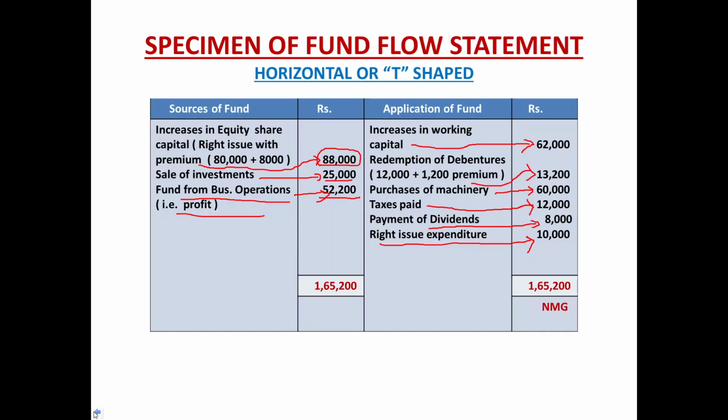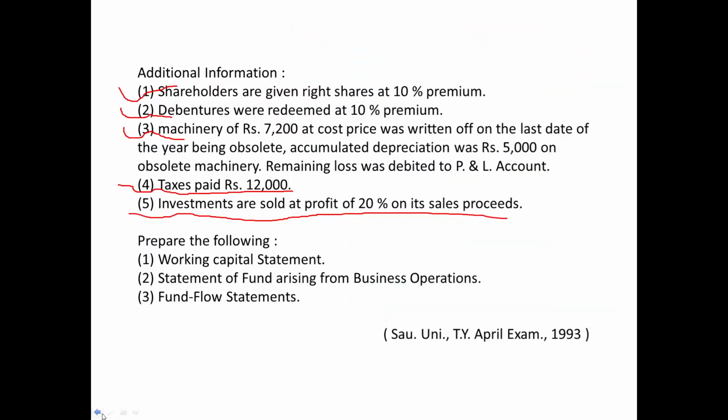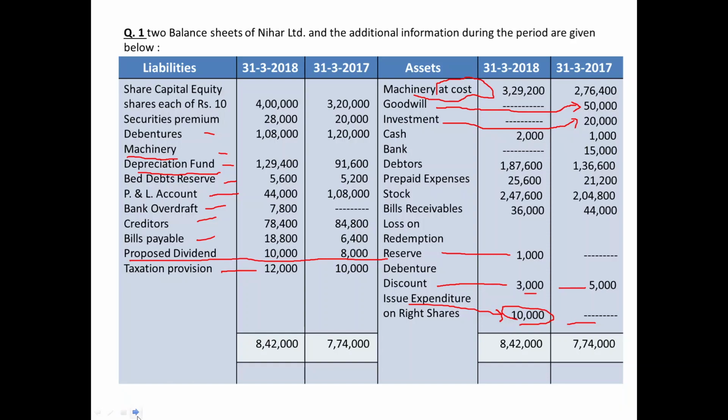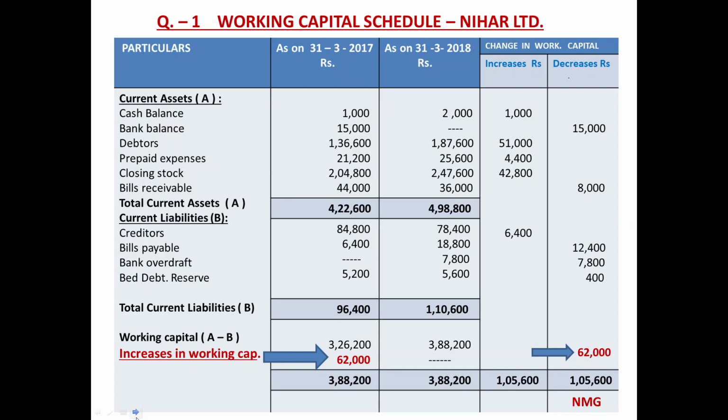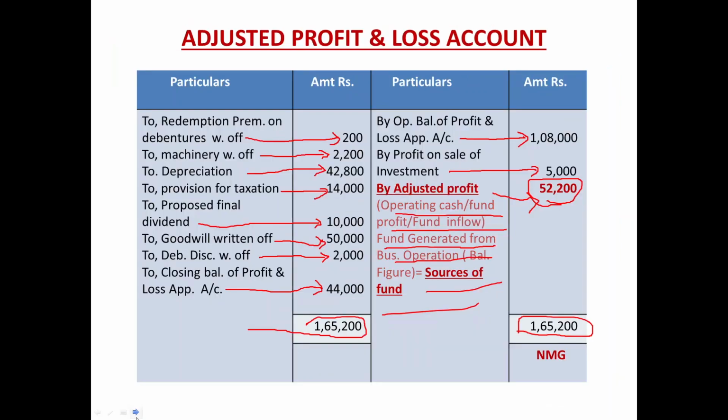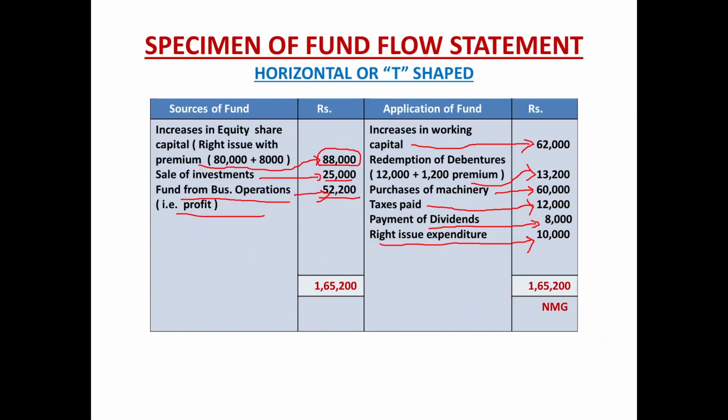1,65,200, 1,65,200. So have a look, from the first slide: balance sheet, then additional information, then working capital schedule, then adjusted profit and loss account, then fund flow statement.